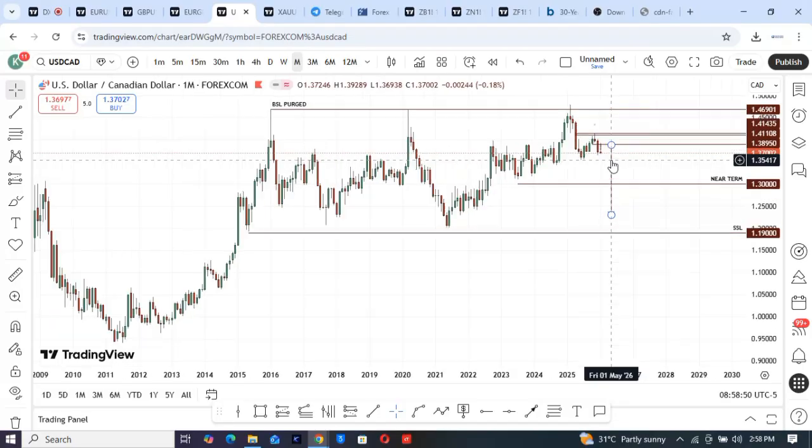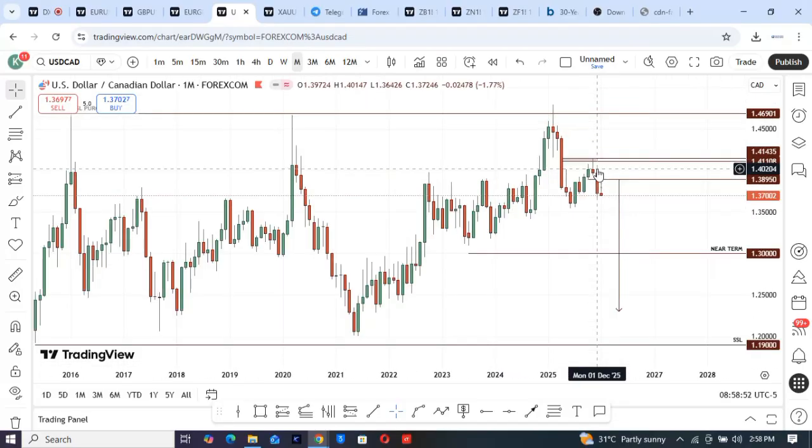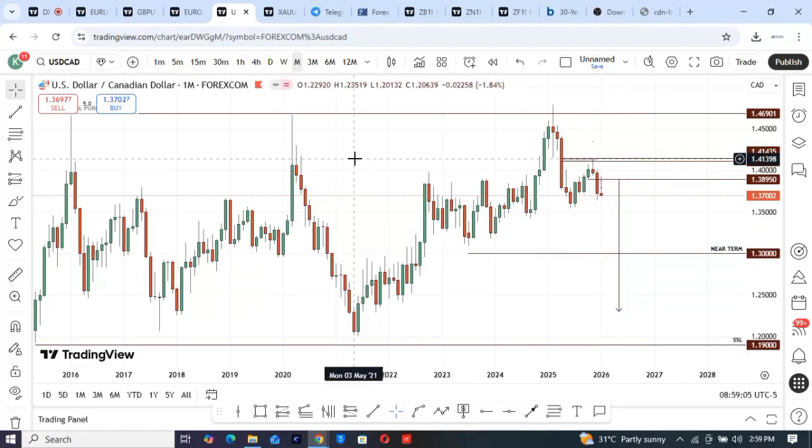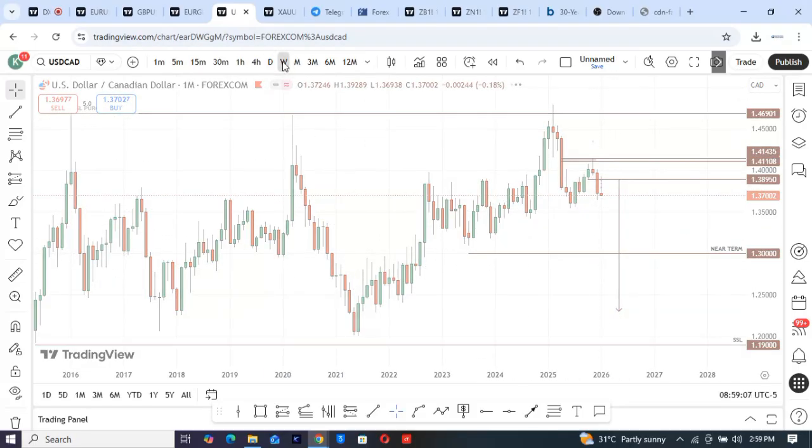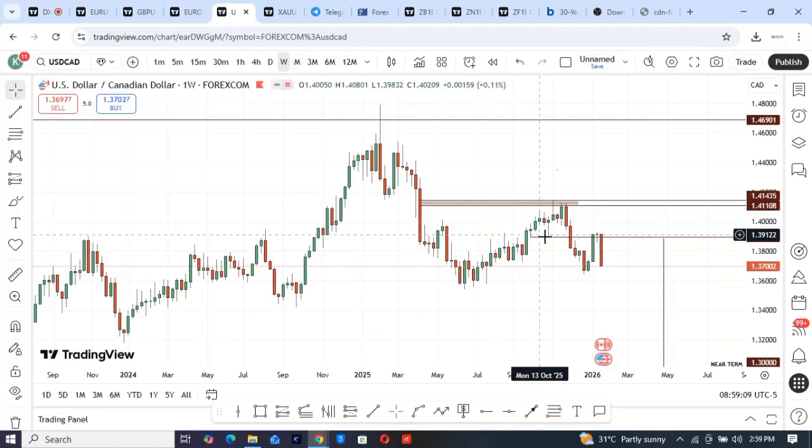So once the price is from this monthly order block, where we've seen a reaction, book price lower, first target will be 1.3 big figure. Then we could see from the weekly that it was a fair value gap and another monthly order block, then a weekly fair value gap.